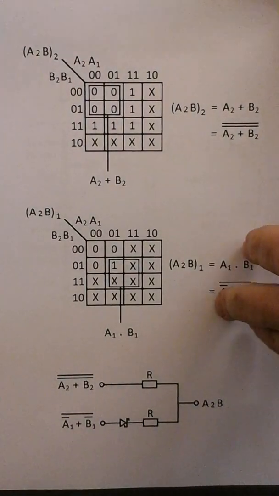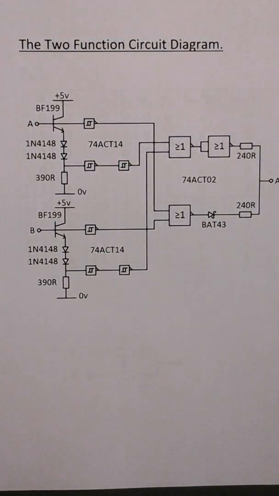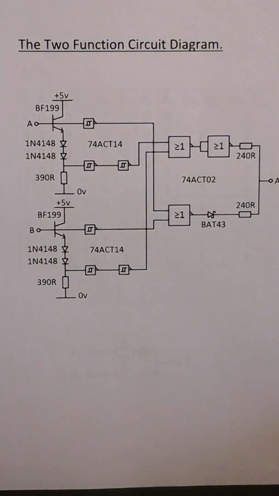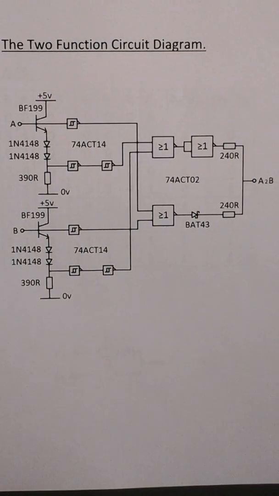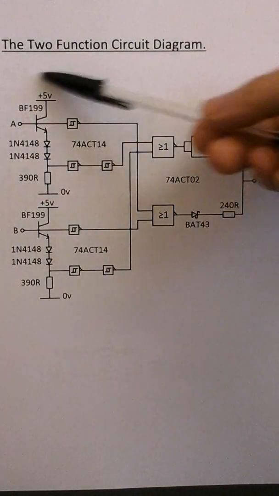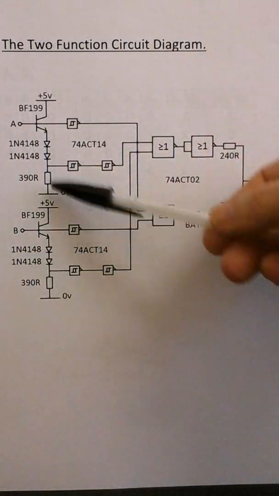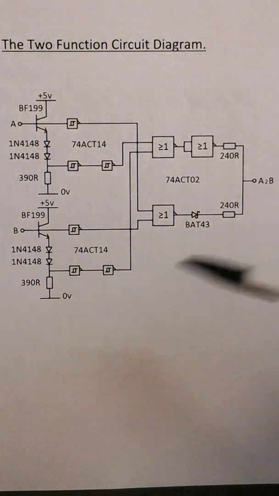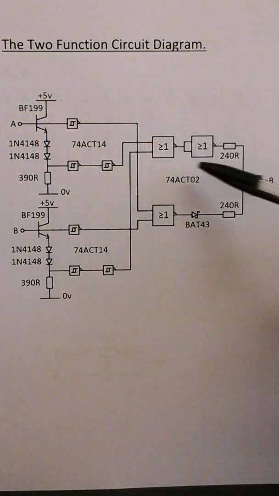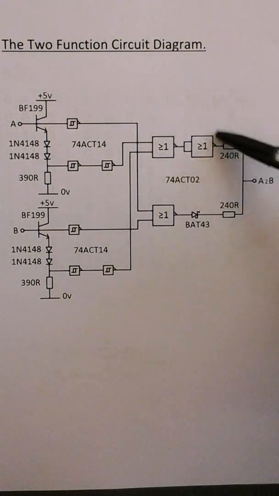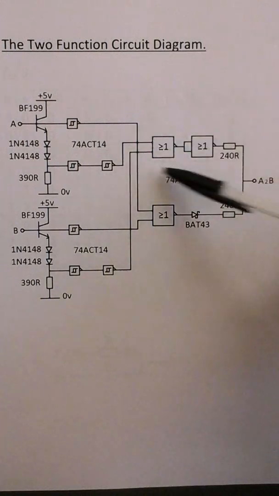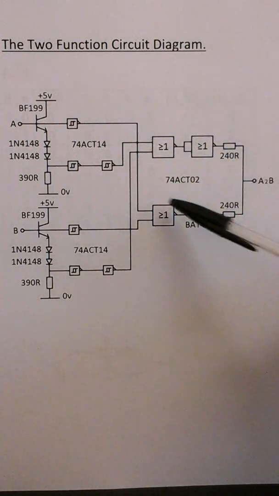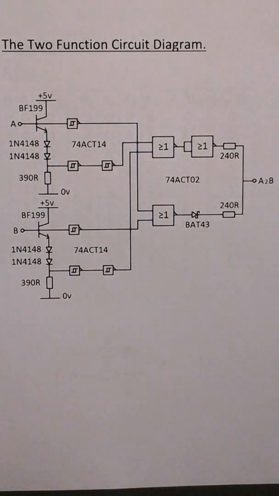So we'll go to the circuit diagram. Here we have, again, transistor diode resistor networks to convert A and B into A1, A2, B1 and B2. And I'm using a NOR function wired as an inverter to make this an OR function, and this would be a NOR function by itself.